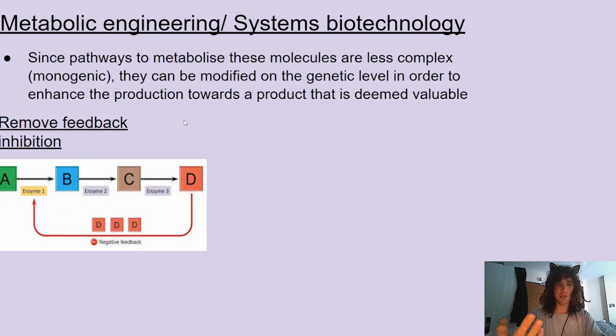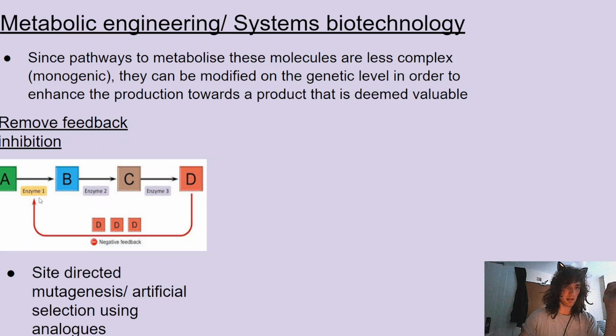So we can remove feedback inhibition. This is very common: if product D is overproduced, it can be toxic or inhibitory to the cell. So the cell has a naturally evolved mechanism to stop this by inhibiting enzyme activity through negative feedback, right? D binds to the enzyme, and then it's inhibited. It can't make any more product.